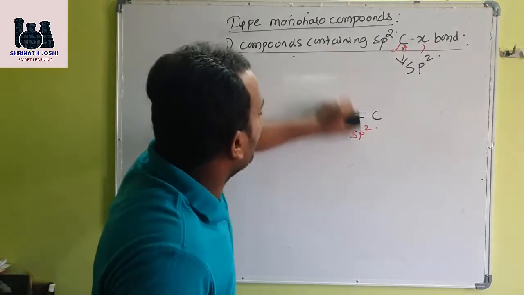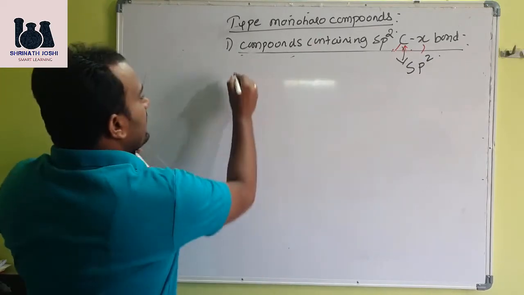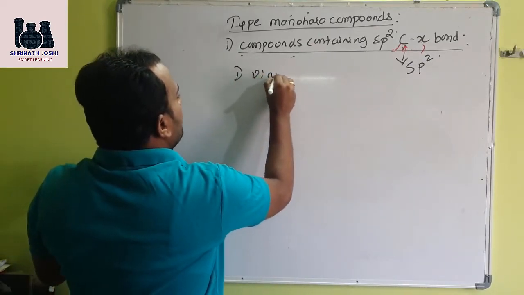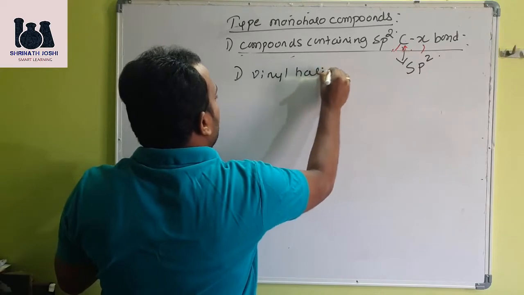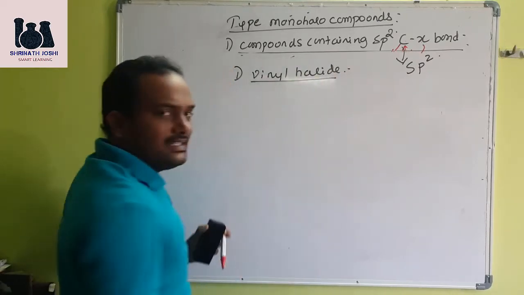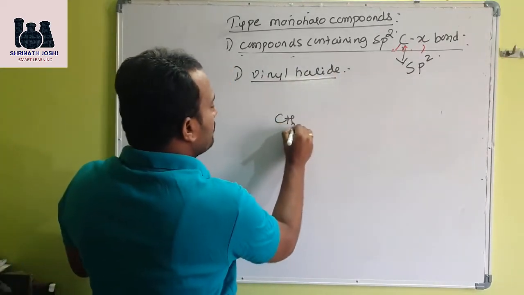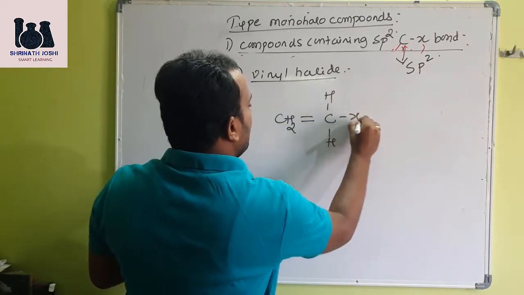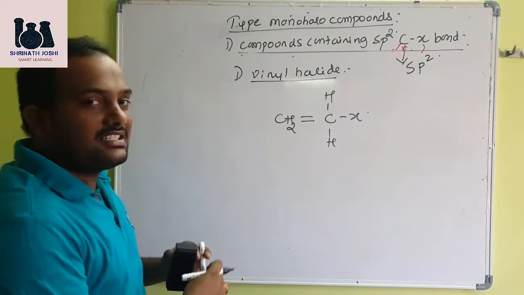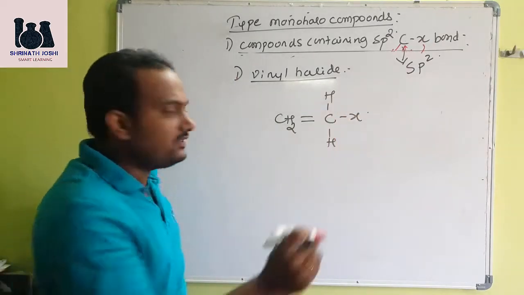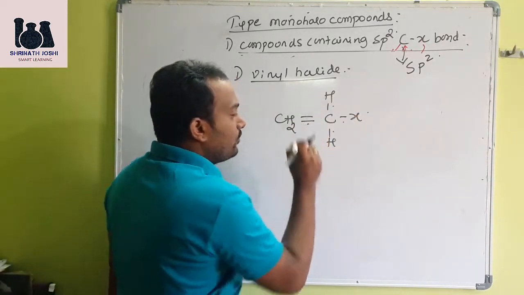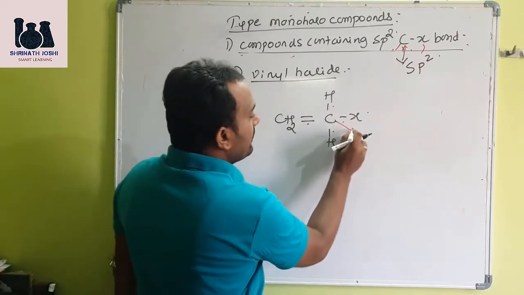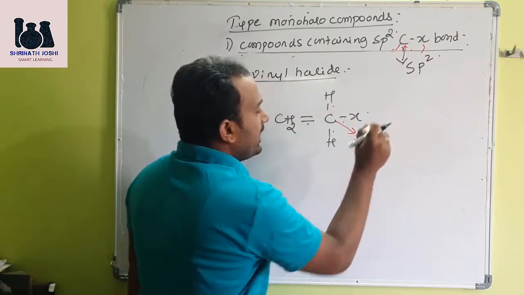Now under this, we have the first classification, which we call vinyl halide. Right? What is vinyl halide? Very simple. I write an example, CH2 double bond C, H, H and X. Don't imagine that all are single bonds. No doubt 3 single bonds are there, but there is one double bond, so this carbon must be sp2 hybridized.